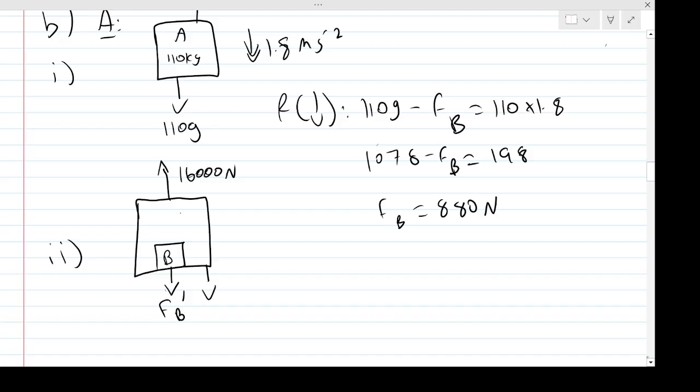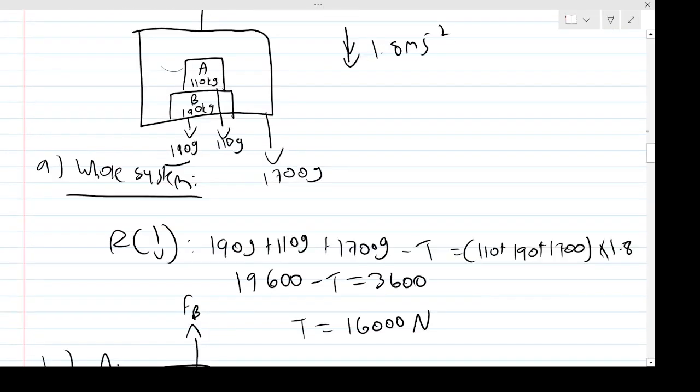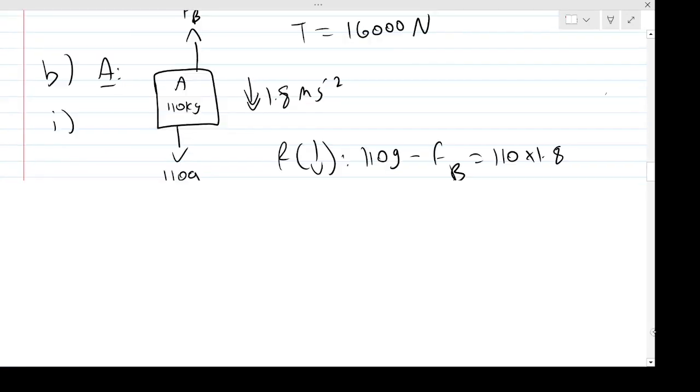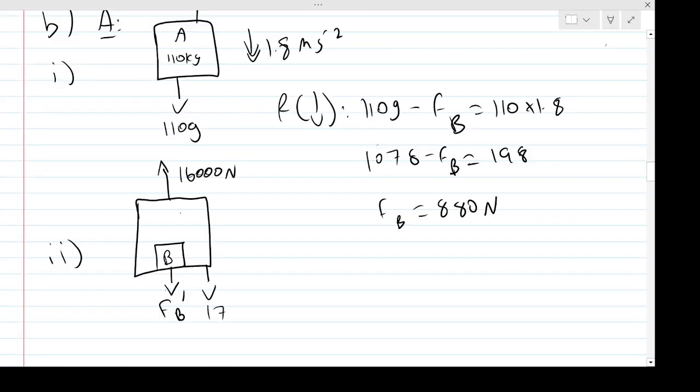Also, remember the lift has a weight. The lift is 1700 kilograms. So in addition, the lift itself has a weight pulling it down by 1700 G. So that's some more forces for the lift.